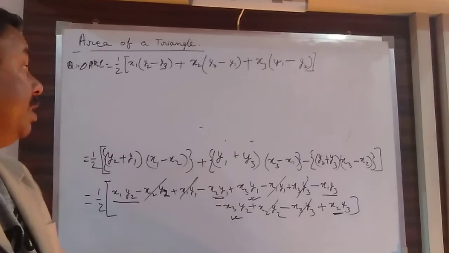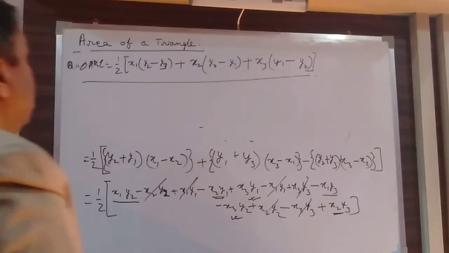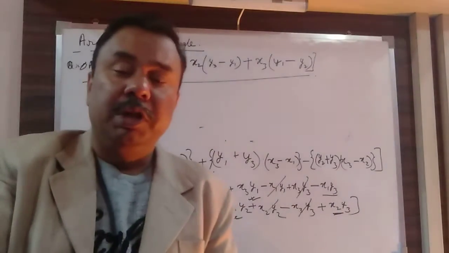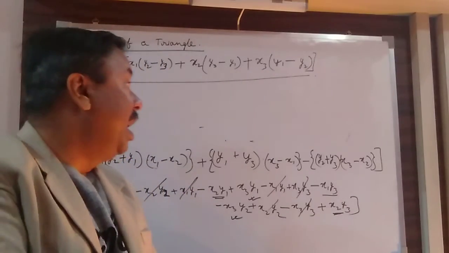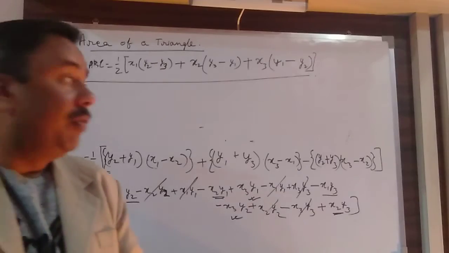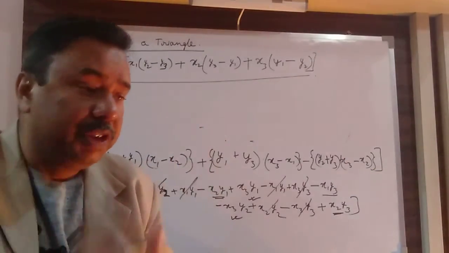Okay, so this is your formula. What you get is the formula for finding out area of a triangle. Now see why I have arranged it in such a way. See the beauty of this formula.